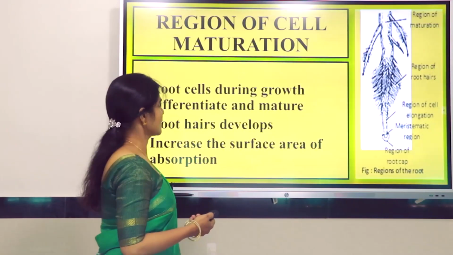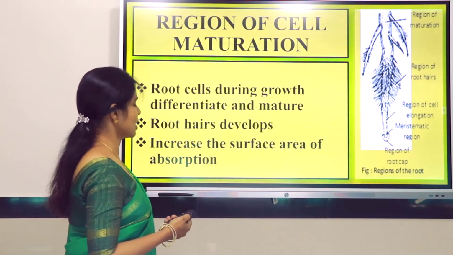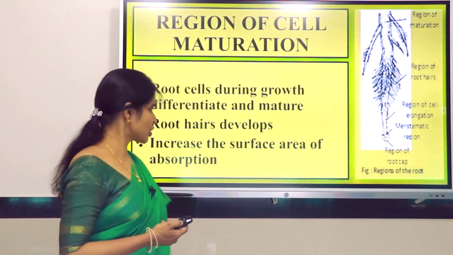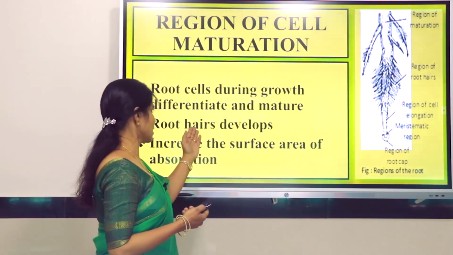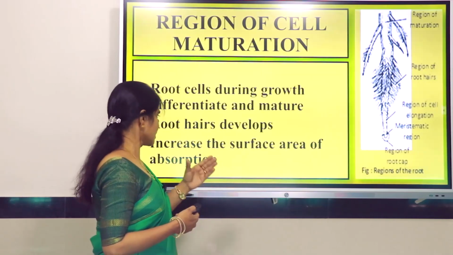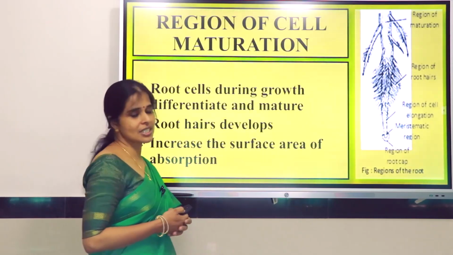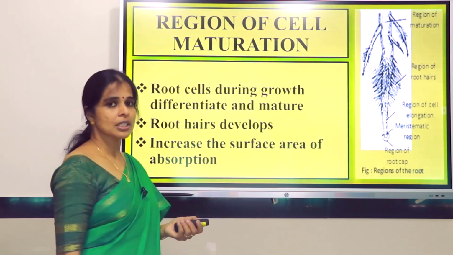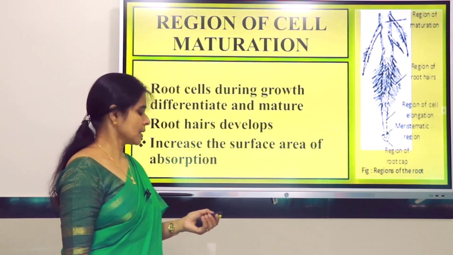And the last, the region of cell maturation. That is, the older cells are getting matured, getting differentiated. From that region only the root hair develops, and that helps to increase the surface area of absorption. So that is all about the root structure.